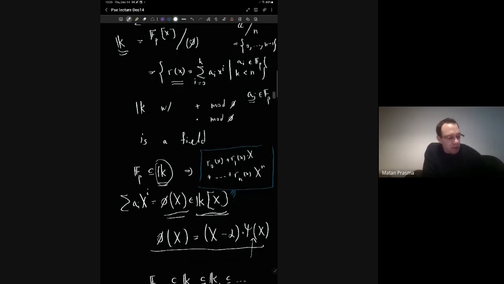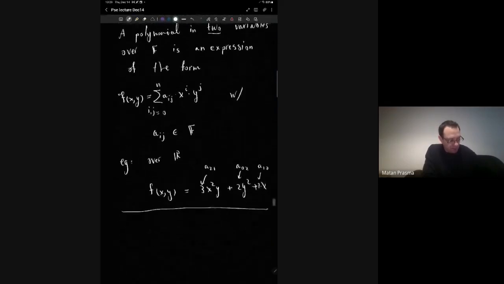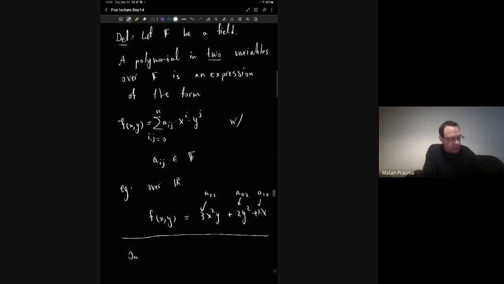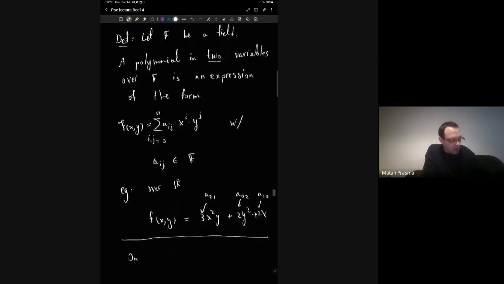On polynomials in two variables, so the set of all polynomials in two variables is denoted F[x,y]. And on F[x,y], we have addition and multiplication.